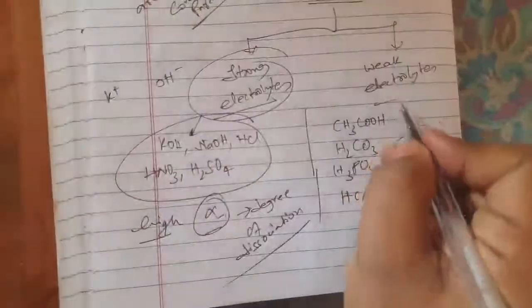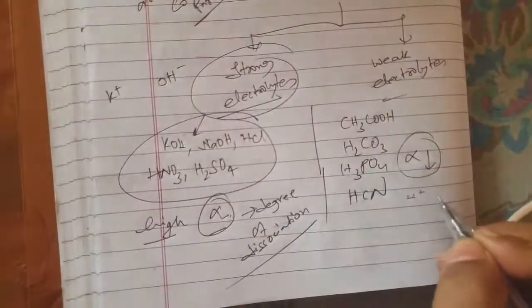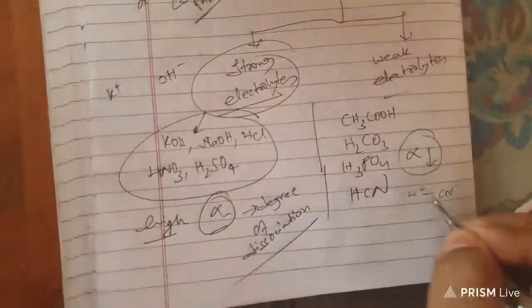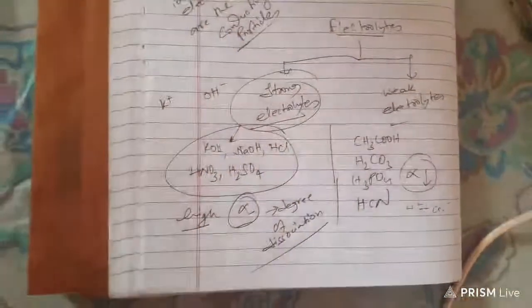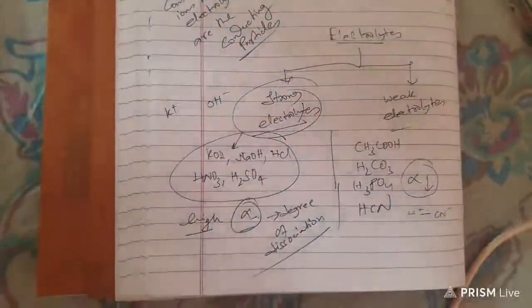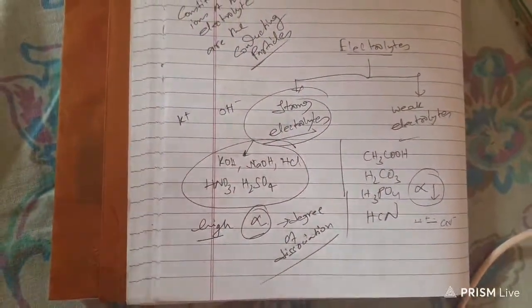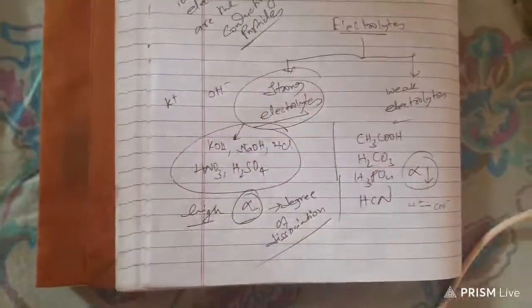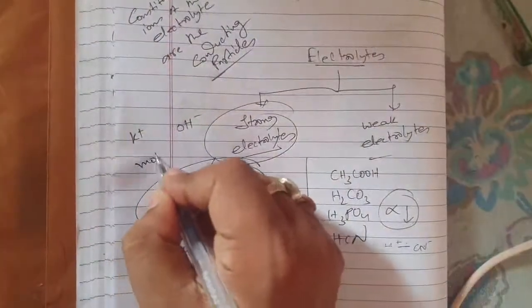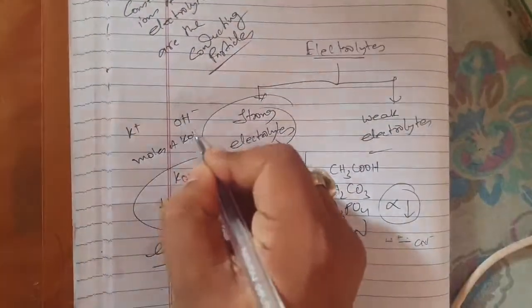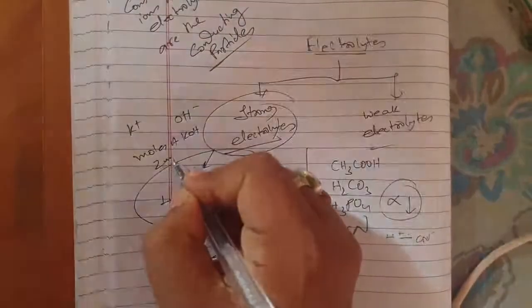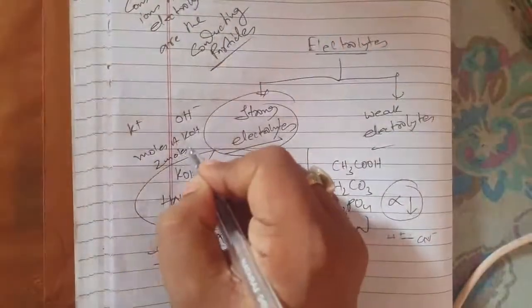That doesn't mean that H+ and Cl- don't want to separate, it is not like that. The point is how much molar concentration, or how many moles of KOH. Suppose you have 2 moles of KOH.